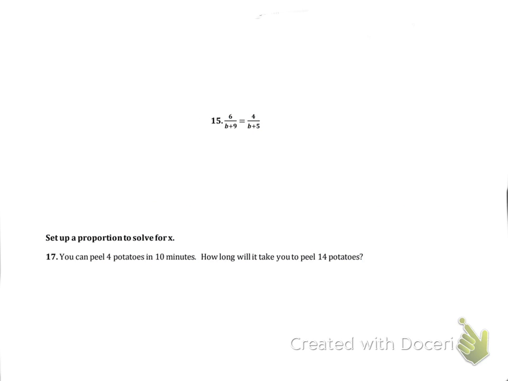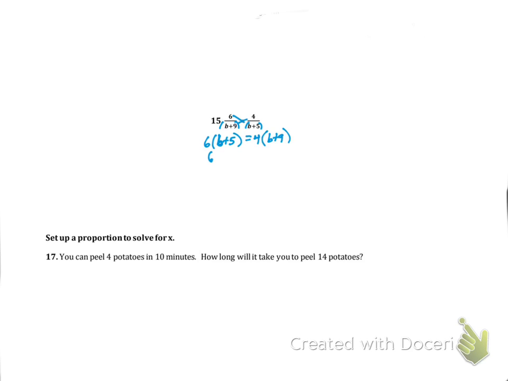All right, going to 15. Just put parentheses around these right away if you need to. So 6 times b plus 5 is going to equal 4 times b plus 9. And we've got to distribute right away, and this is a b, not a 6.